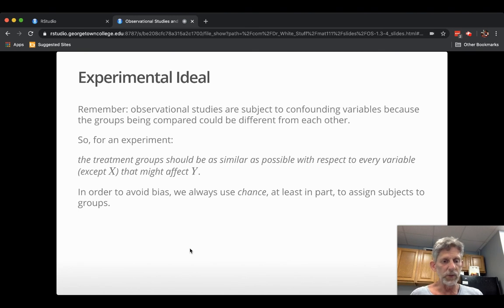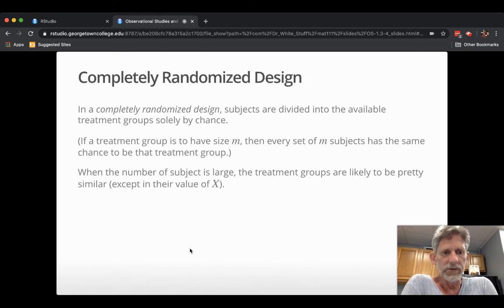It could be as blind as something like a coin flip to decide whether a subject goes into one group or the other group. In fact, in what we call a completely randomized design, which is the main experimental design that we're going to talk about in this course, the subjects are divided into the available treatment groups solely by chance.